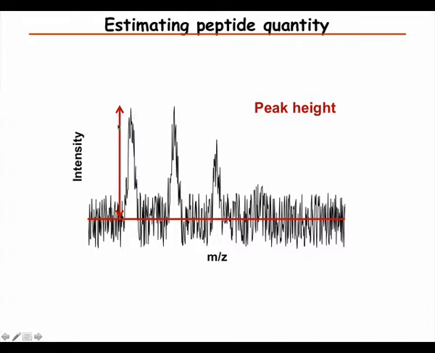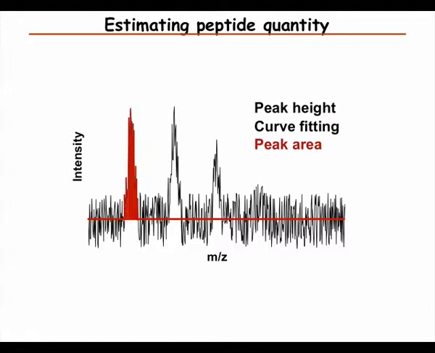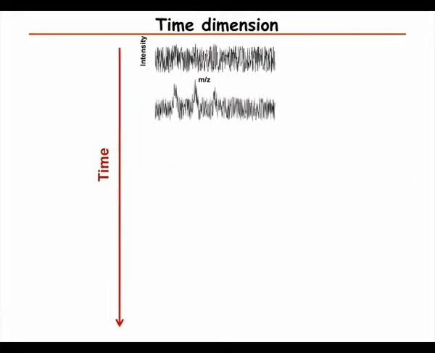We don't use the whole peak. We can also fit a curve to the peak. This is usually not done because we don't know the peak shape a priori, and it would usually take a very long time. Peak area is another way, where the advantage is that we use a lot of the statistics, but it has its drawbacks, and we'll get back to that later.